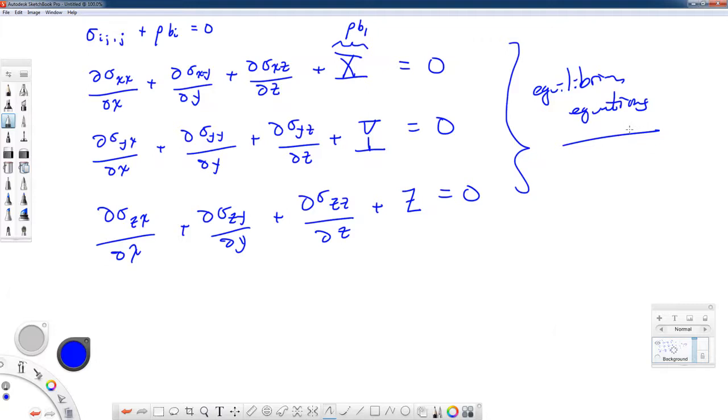So there's a couple ways that we can use these. We can use these as a set of differential equations that we can solve for these fields. Or, if you have the field, you can check to see if it really does satisfy equilibrium. And the second approach is actually maybe a little bit nicer than the first approach, although we will use both in this class.